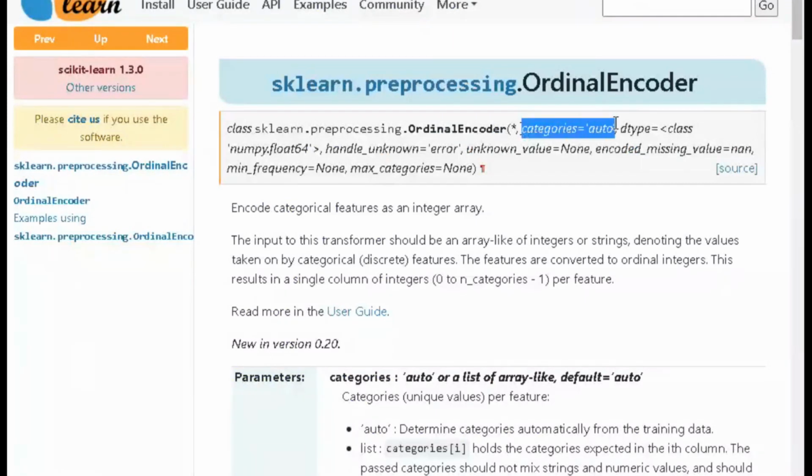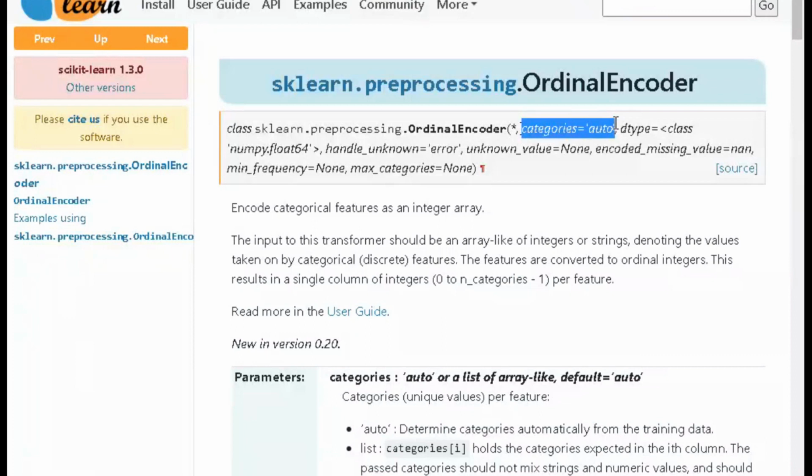By default, it's auto, still okay. That means Python is going to just assign a ranking by itself. But whether the ranking is correct or not doesn't matter in this case, because you didn't assign any value or you put auto.